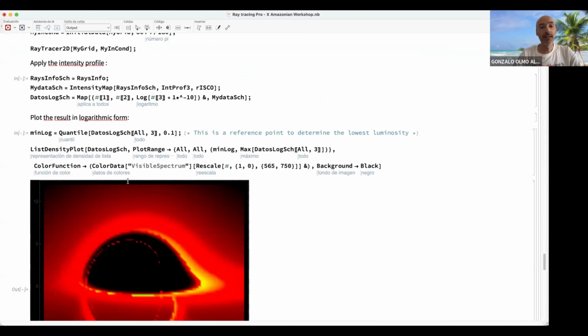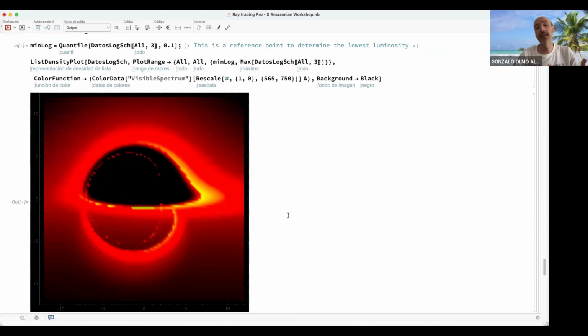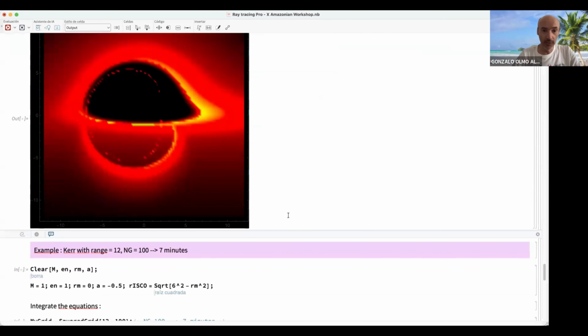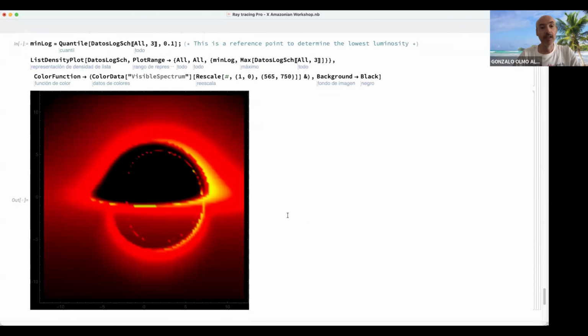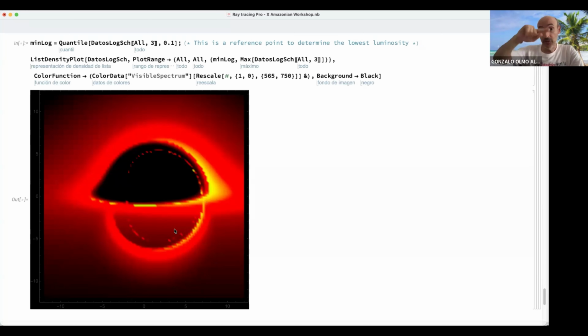So what happens if we change the sign? If we take A equal to minus 0.5. The deformation is from this side. The circumference now does look like a D, as it should be. But since we have not changed the accretion disk, it is still rotating from left to right.